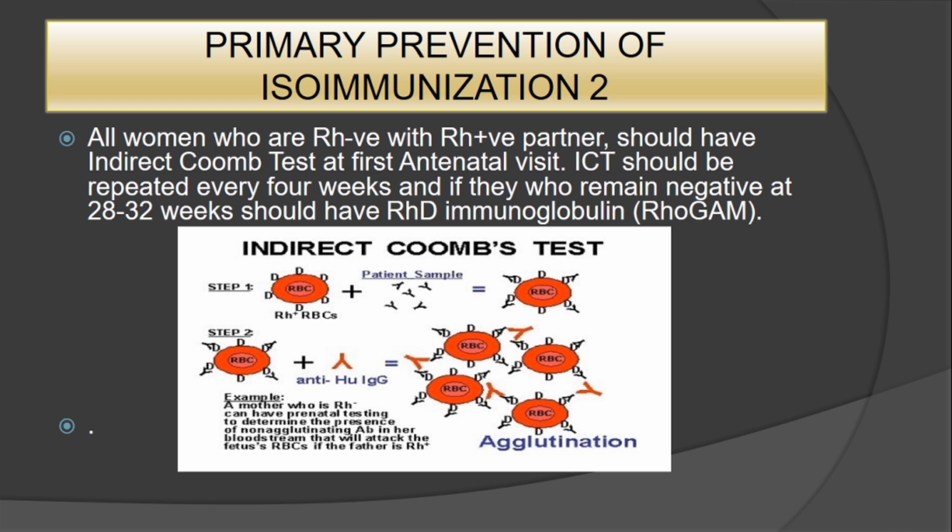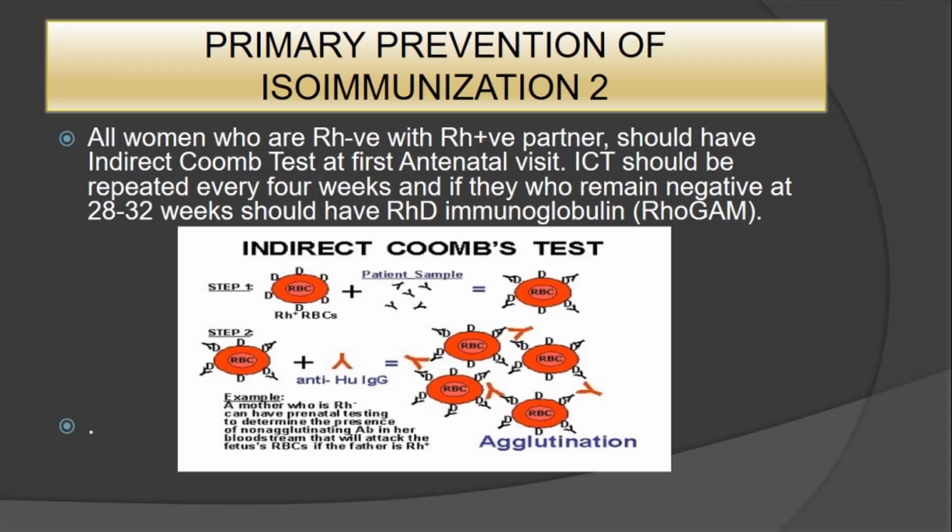And if the indirect Coombs test done is negative, then it is repeated every 4 weeks. And if they remain negative at a gestational age of 28 to 32 weeks, then the mother should be given Rhesus D immunoglobulin. The common one around us is Rogam.